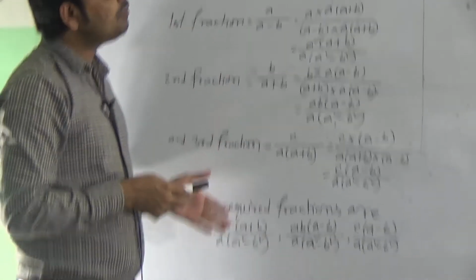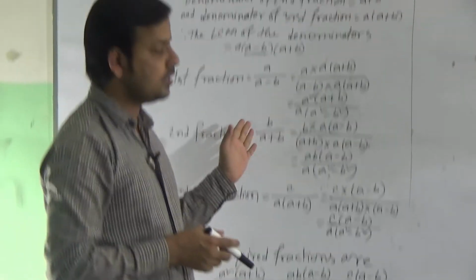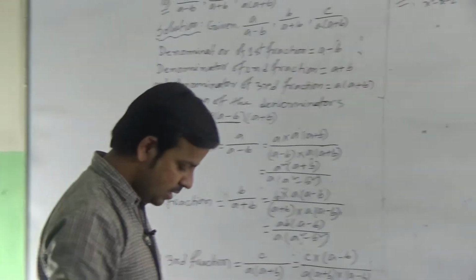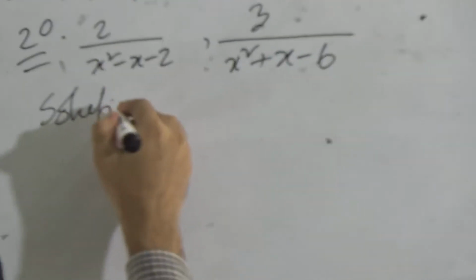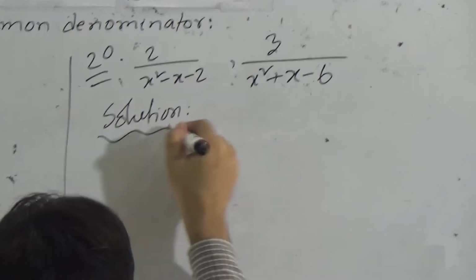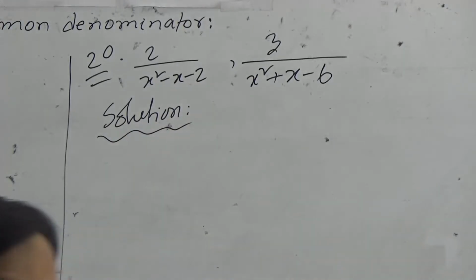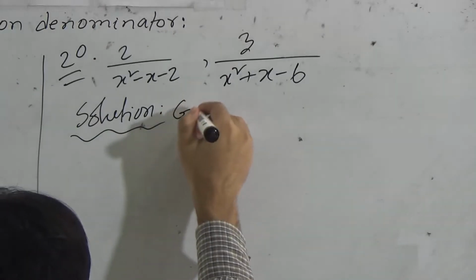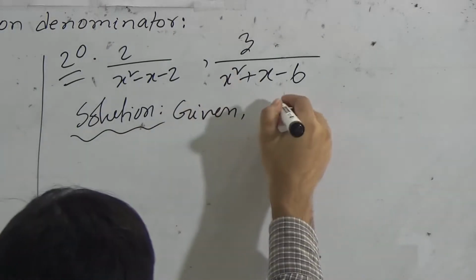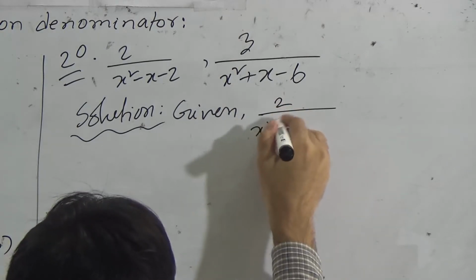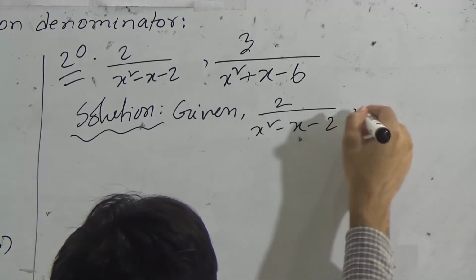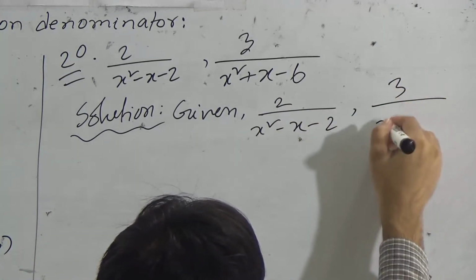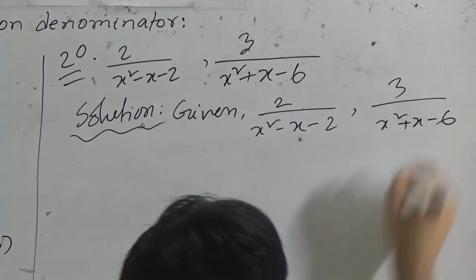Dear students, I hope you have understood our first question. Now I will solve the second question. To solve the second question, at first we have to write the given fractions: x square minus x minus 2 and another one is 3 by x square plus x minus 6.